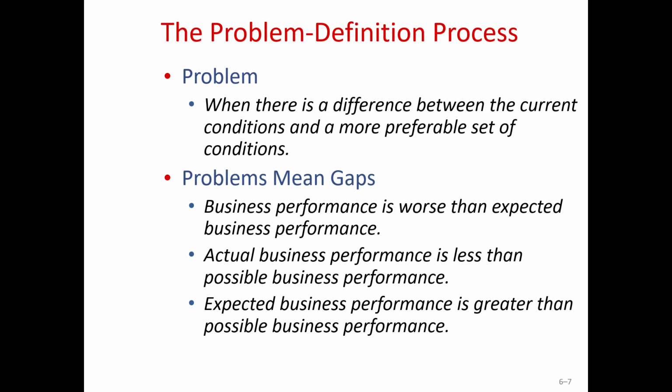And the third one, expected business performance is greater than possible business performance. Sometimes management has an unrealistic view of possible performance levels. One key problem with new product introduction involves identifying realistic possibilities for sales. While you may have heard the old adage that 90% of all new products fail, how many of the failures had a realistic sales ceiling?